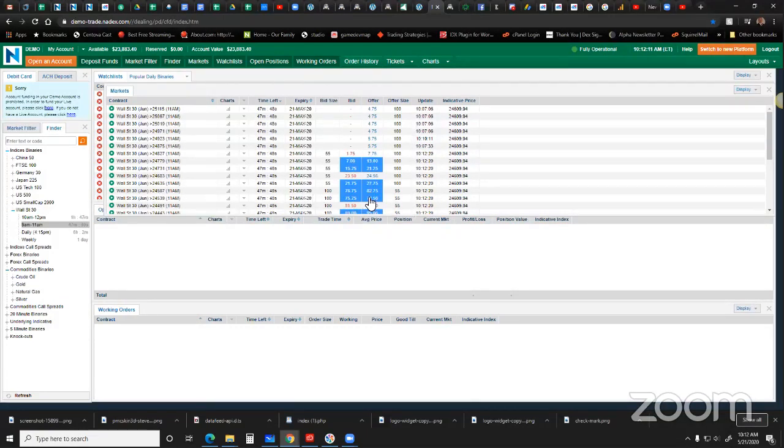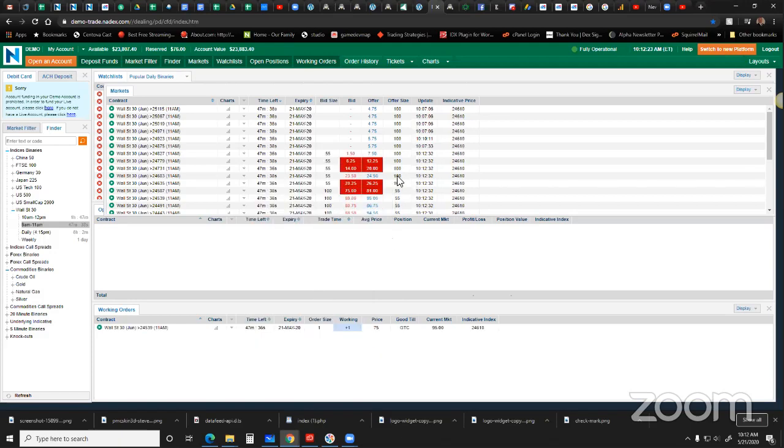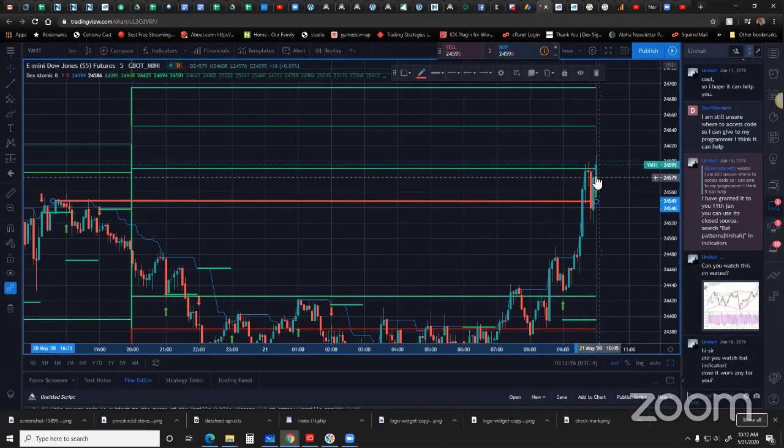That would be right around in this area. I see we do that one, and do it at 25.75. Place order. May get bought up, but that's a working order. Putting that line right there.